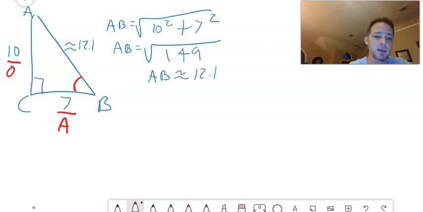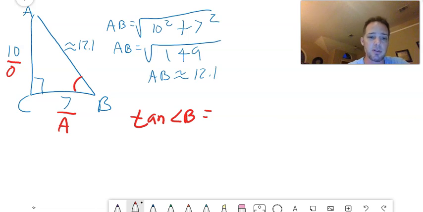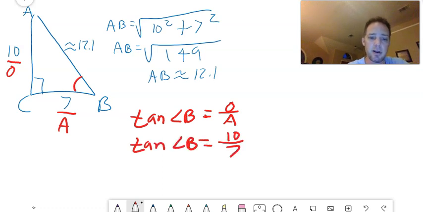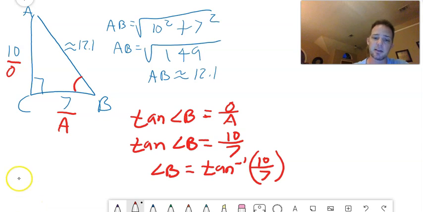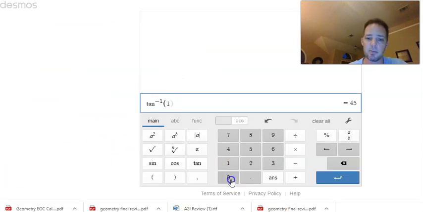So I could set up tangent of angle B equals opposite over adjacent, and then plug in. To solve for angle B, you need to undo tangent, so do tan inverse of both sides. And now I just need to type in my calculator, tan inverse of 10 over 7.